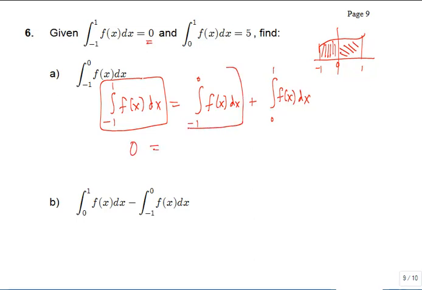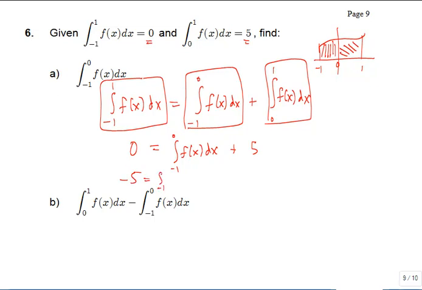This is the one we're trying to find. So I'm going to leave that the way it is. And this one, they tell me, is 5. So if I subtract that 5 over to the other side, then that means the integral from -1 to 0 of f of x dx is just going to be -5.